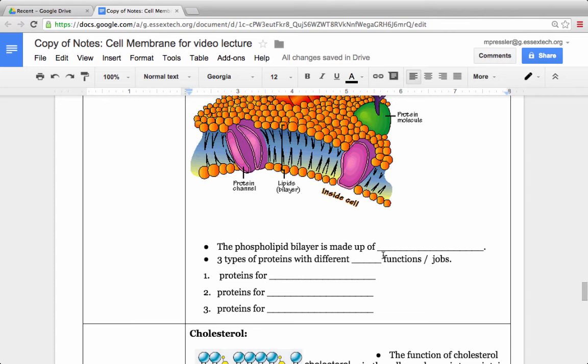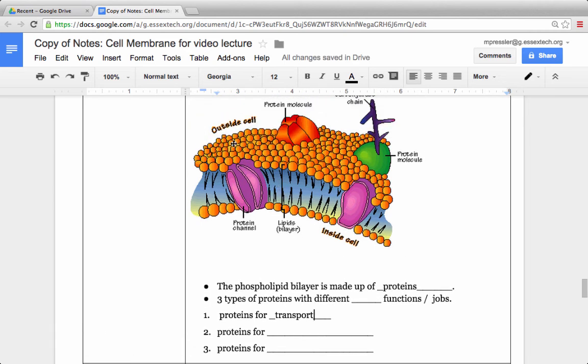Okay? The phospholipid bilayer then is made up of proteins. There are 3 types of proteins with different jobs or functions. There are proteins for transport.